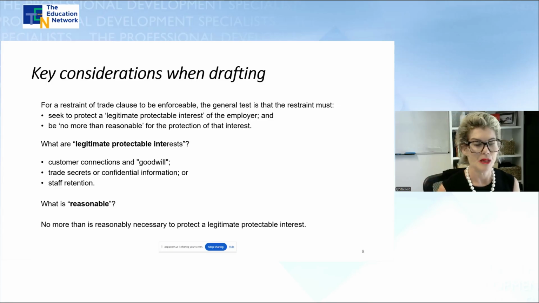A protectable interest might be something that is considered an asset by the company. This is probably the easiest way to look at things. So looking at goodwill within a business, customer connections, customer lists, client lists, customer information, are all assets that are considered to be legitimate protectable interests.